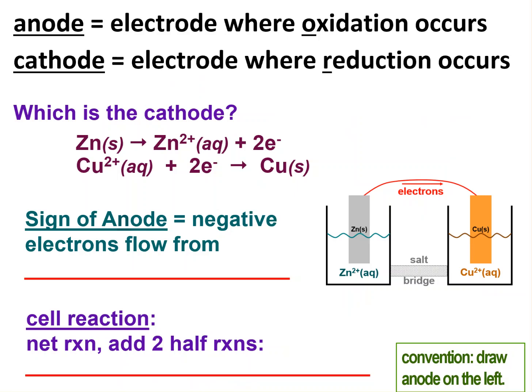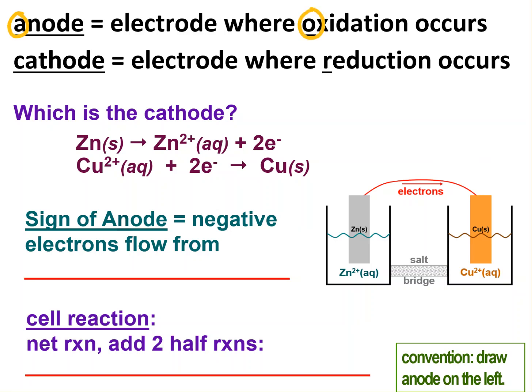Some more definitions. The anode is the electrode where oxidation occurs. And remember, when we say electrode, electrode is this whole thing. This is an electrode. So you need to remember that the anode is where oxidation occurs. I remember this because of the vowels.